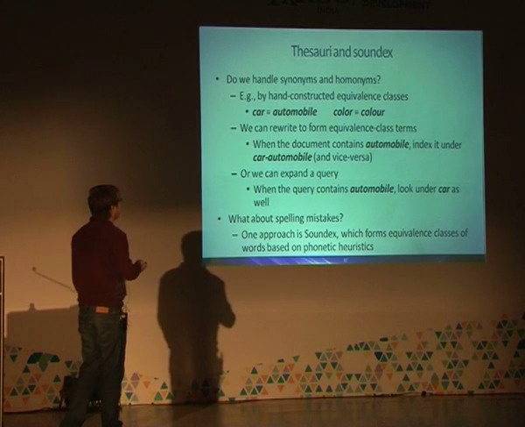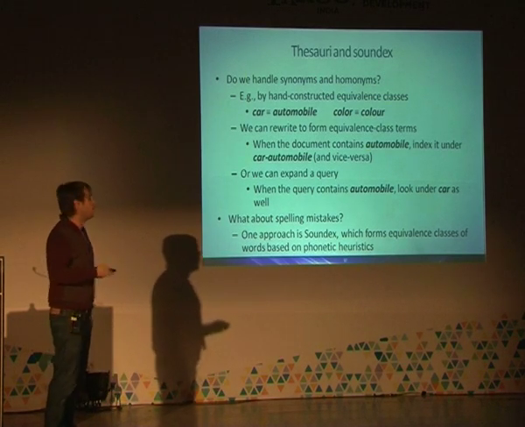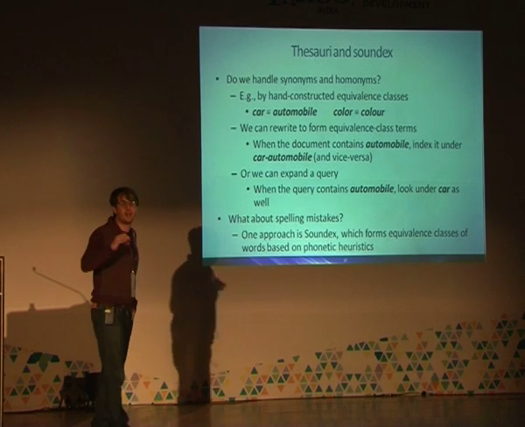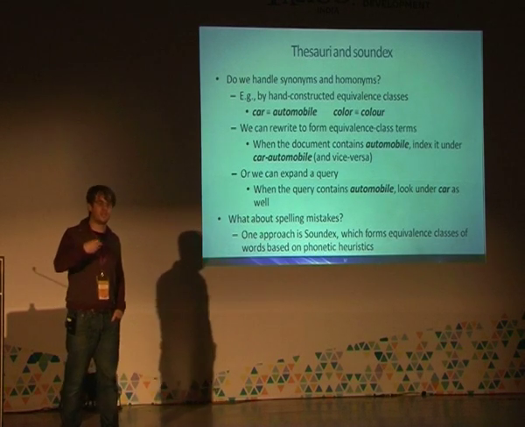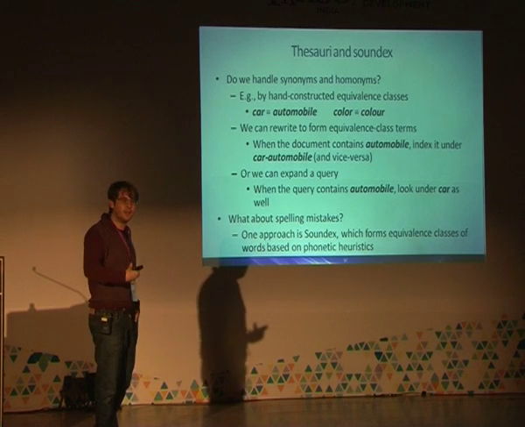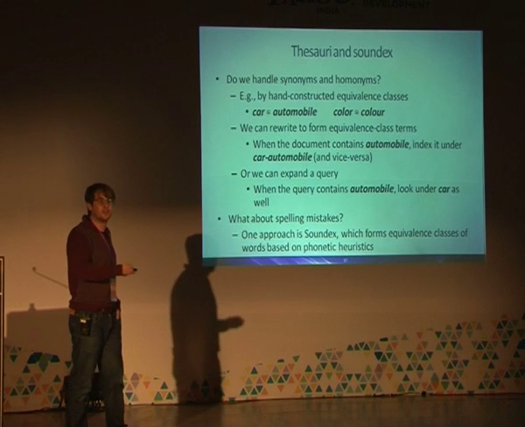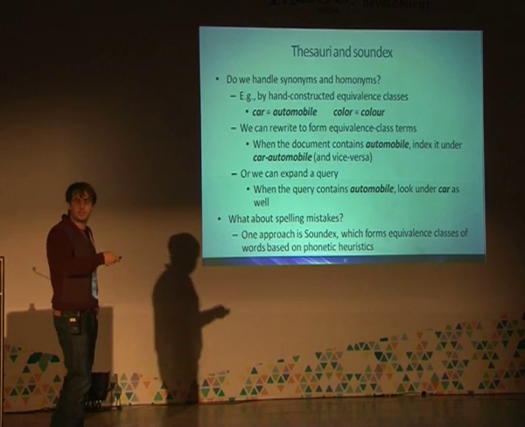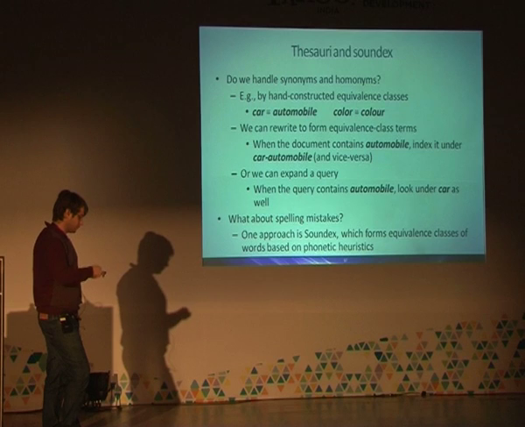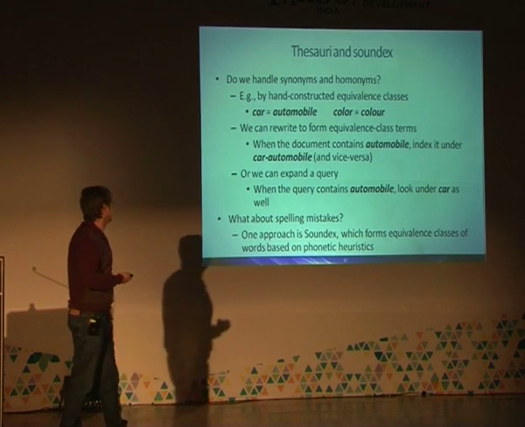You can try to do this automatically, like trying to get equivalence classes based on phonetic heuristics. People tend to write how they think something should sound. So you can try to expand the representation using this sound thing. But it's fairly unusual.